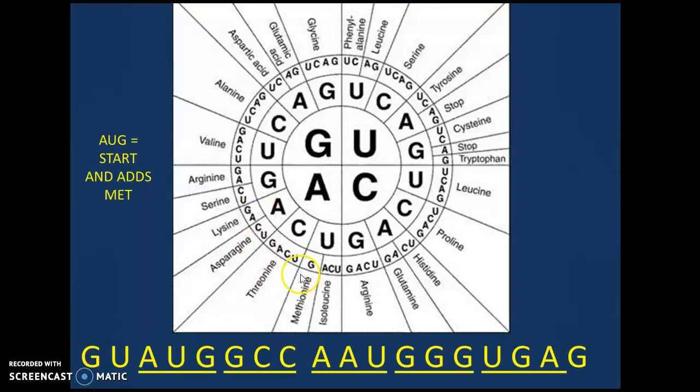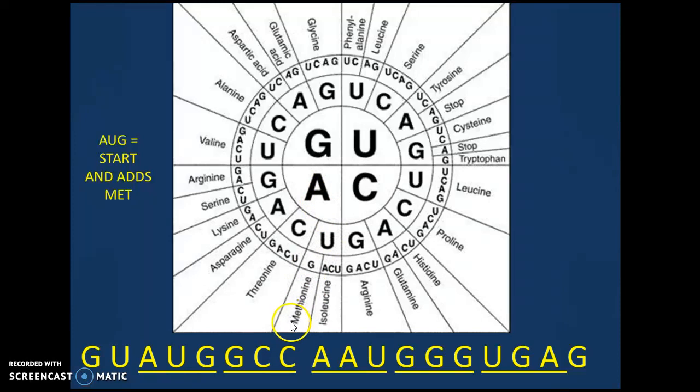So we're going to use this genetic code in order to figure out the meaning of each of these codons in terms of amino acids, and then use those amino acids to string them together to build the protein. So our first codon, AUG, gives us methionine.